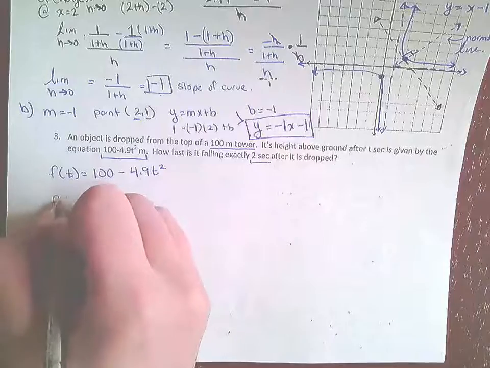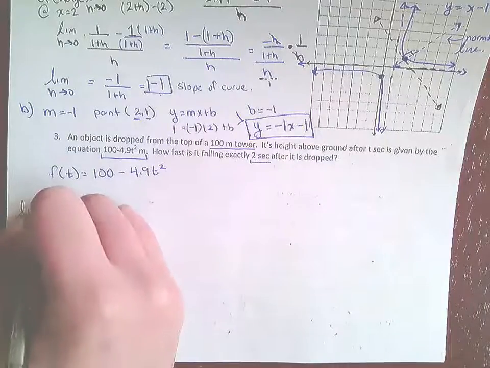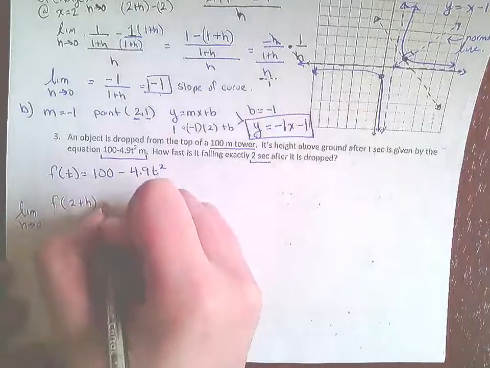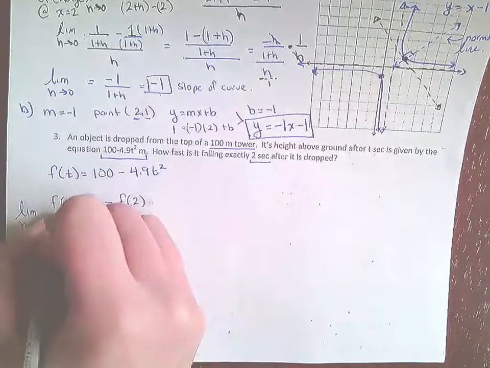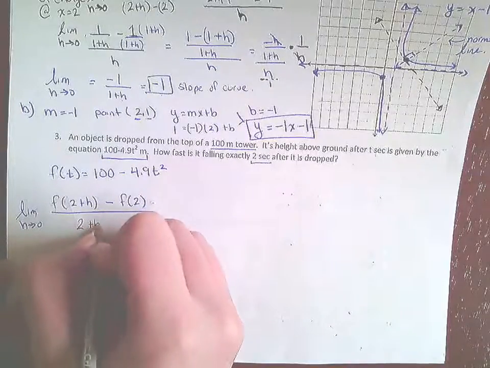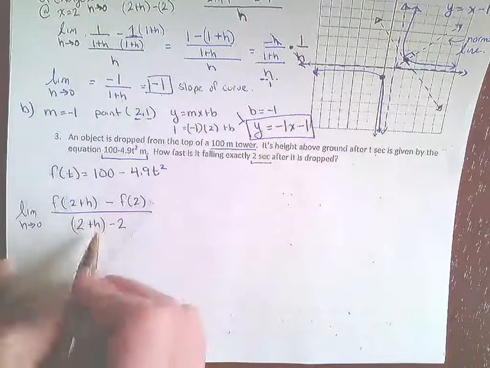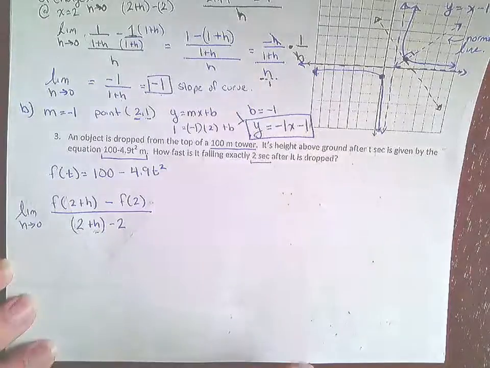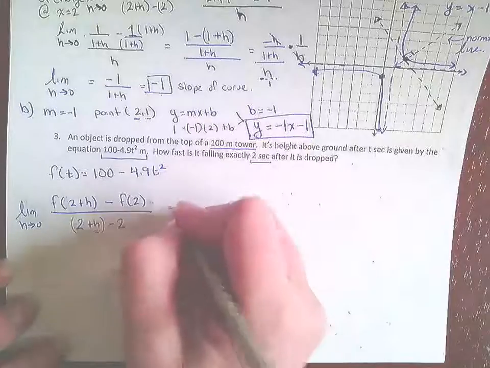So that means the limit as h approaches 0 of f of 2 plus h minus f of 2, over h. Remember, I always write this, but if you can just remember that it's always going to be h down here, that's fine.